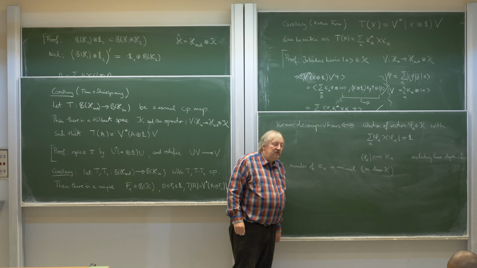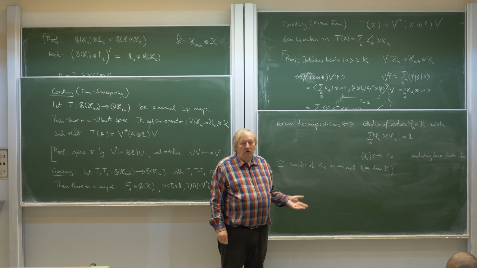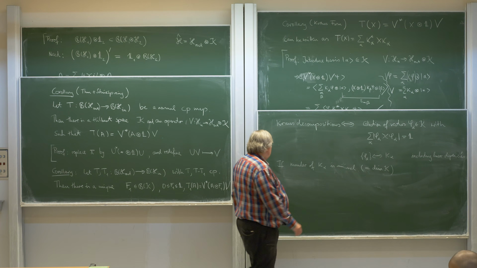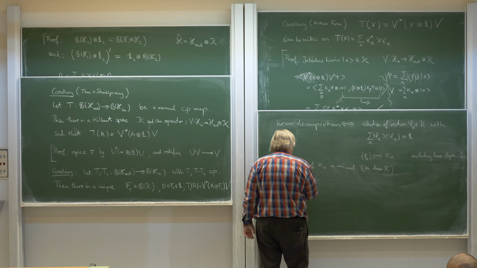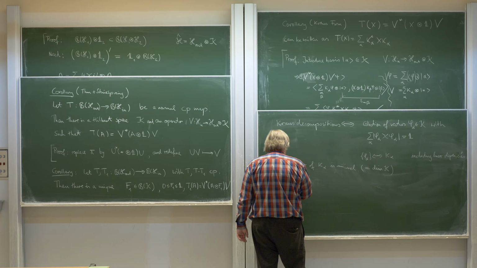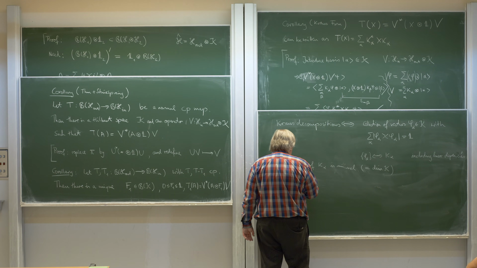This normalization condition actually forces us to take an orthonormal basis. Right? Then the phi alpha have to be an orthonormal basis.